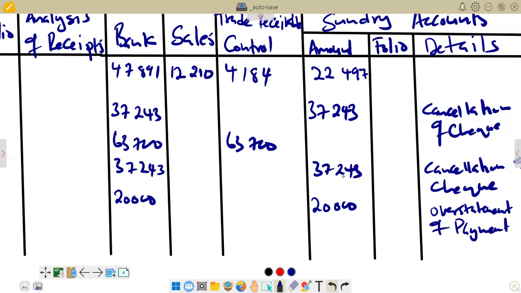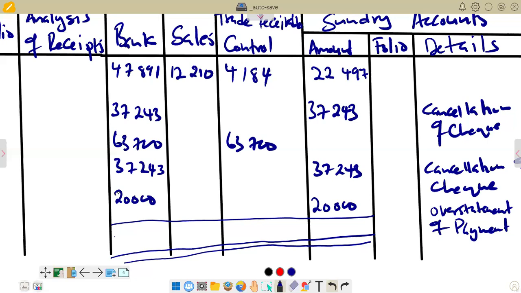So this is what we have in terms of the transactions. Remember, this was the last transaction. So we are going to close the accounts, and we put our double lines starting from bank. If you add under the bank, the total that you get is 188,834.